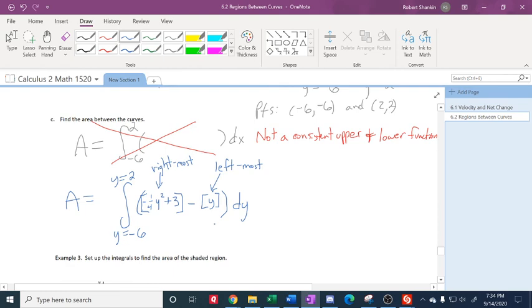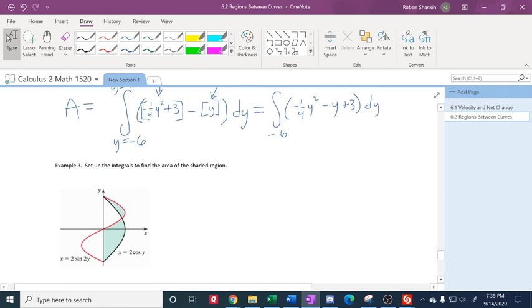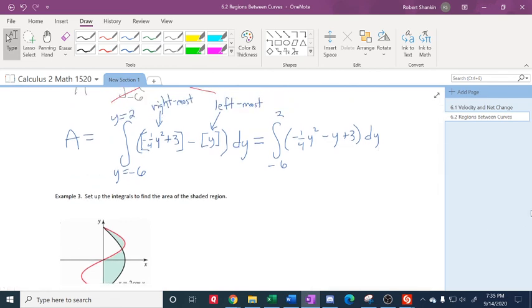And now we can take this integral. This is the integral from -6 to 2. I'm just going to rewrite it again, changing the order slightly: -1/4 y squared minus y plus 3 dy. And then I need an antiderivative of y squared.